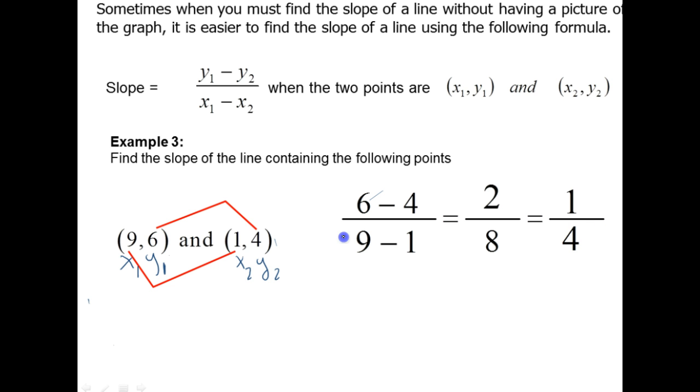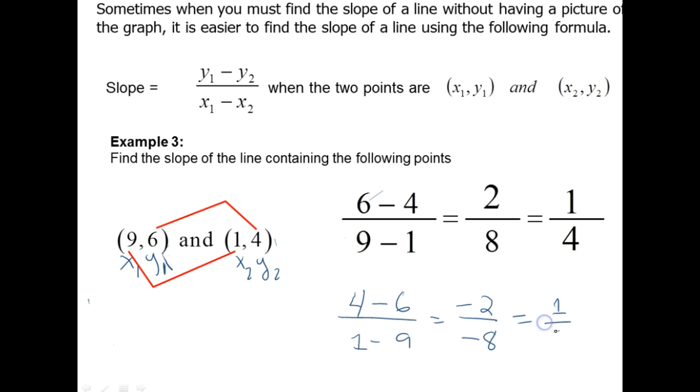Now I want to do it the other way around, starting with point 2. If we are starting with point 2, it's going to be 4 minus 6 over, again since I decided to start with point 2, 1 minus 9. This will be 4 minus 6, which is negative 2, and 1 minus 9 is negative 8.